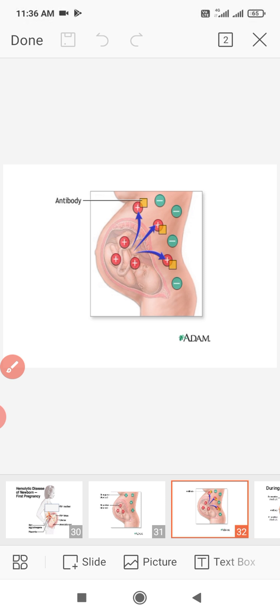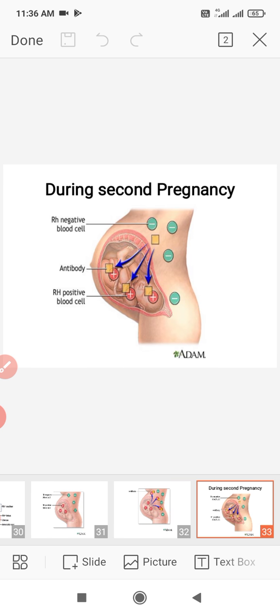The mother does not develop any reaction, but the synthesis of antibody D is taking place in the mother's body. That is the first pregnancy. Next, during the second pregnancy, the mother is the same Rh negative.